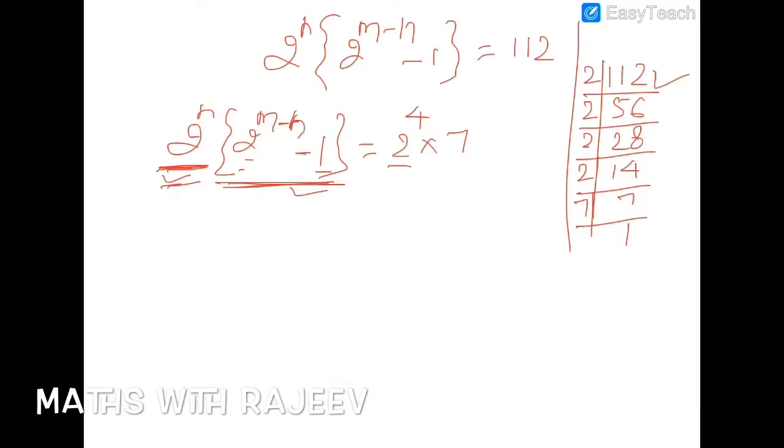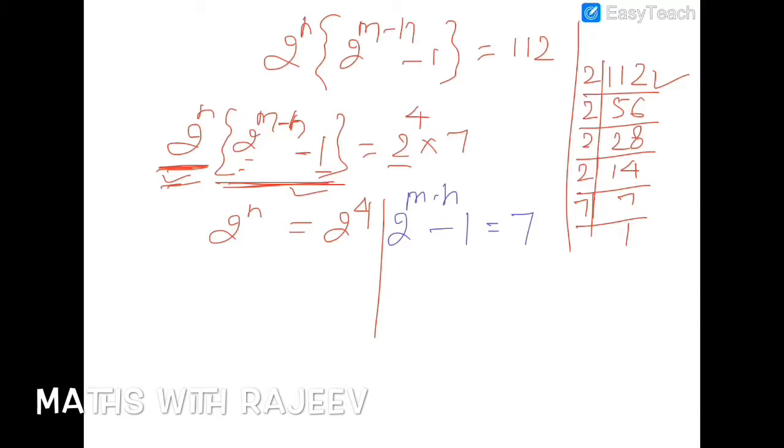So you have to equate them. You can equate it like this: 2 power n is equal to 2 power 4, and 2 power m minus n minus 1 is equal to 7. Now we will solve these two equations.